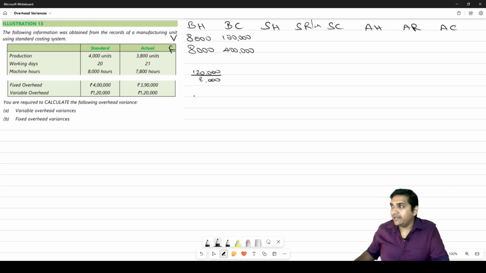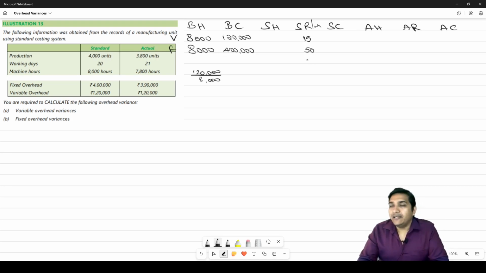Then we get our standard rate. Remember, budgeted rate, standard rate and absorption rate are all the same. This comes to 15 for variable, and similarly we will have to do it for fixed, which will come to 50.